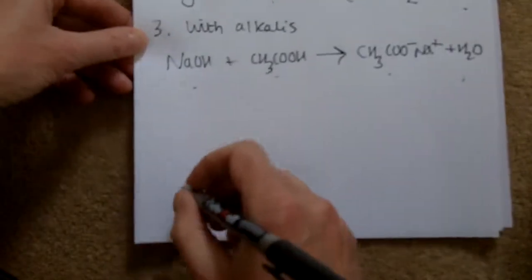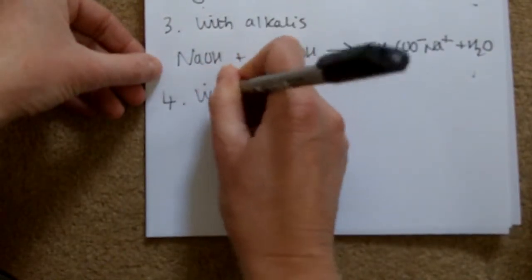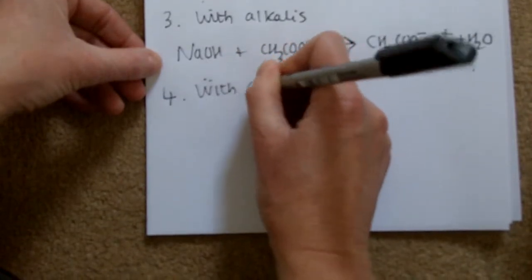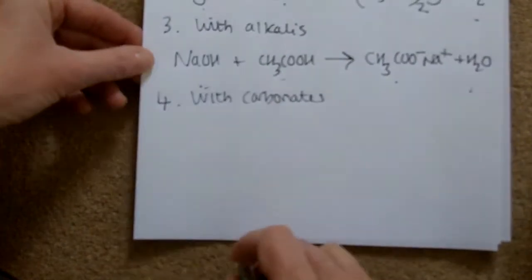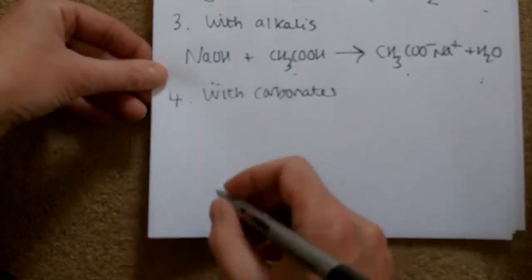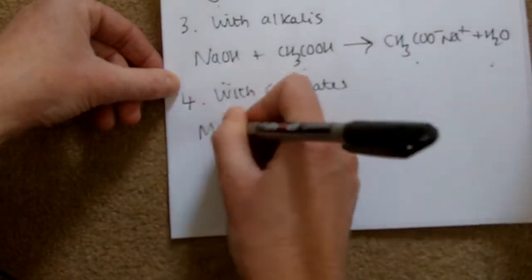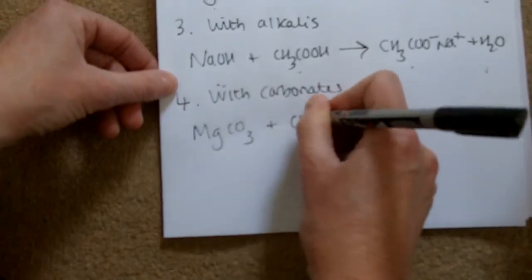Okay, last reaction is carbonates. So this is carboxylic acids with carbonates. Let's take for example magnesium carbonate and ethanoic acid.